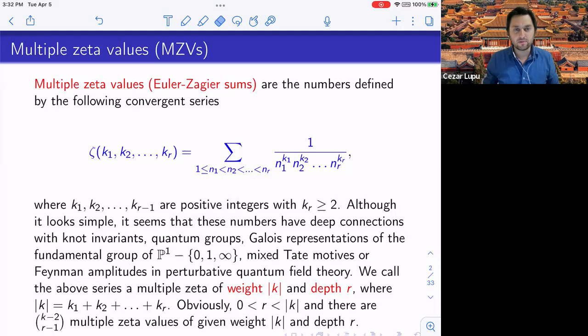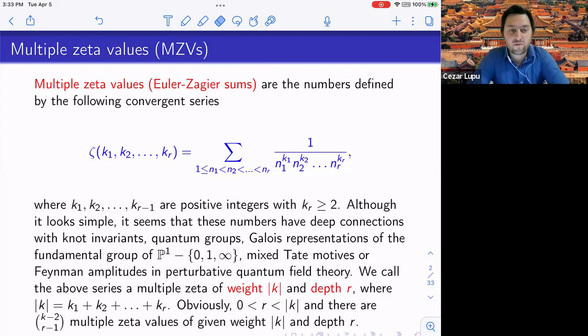And although they look very simple, they have deep connections with, well, whatever you can look at in knot invariants, quantum groups, Galois representations of the fundamental group of P1 minus 0, 1 and infinity, mixed Tate motives, or even Feynman amplitudes in quantum field theory.